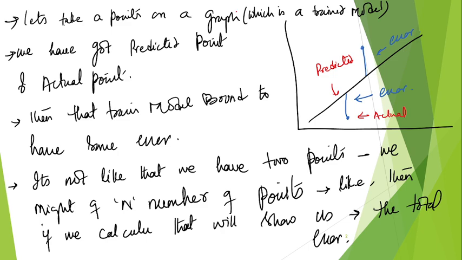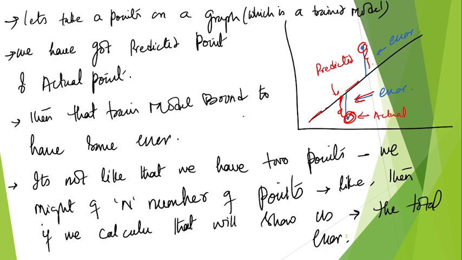So let's take a point on the graph. These are our predicted values, and these are our actual points. So the difference between these two points is called an error. We have a predicted value, but there is also our actual value. This we call error.